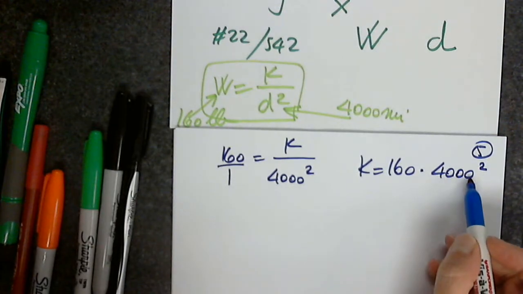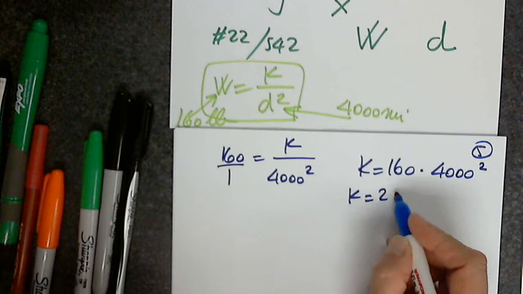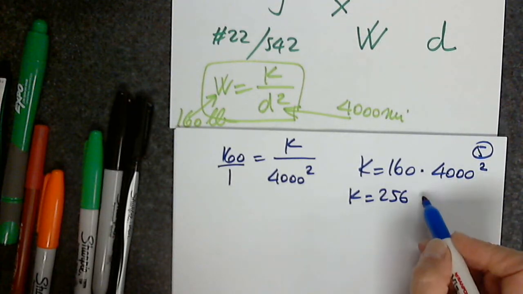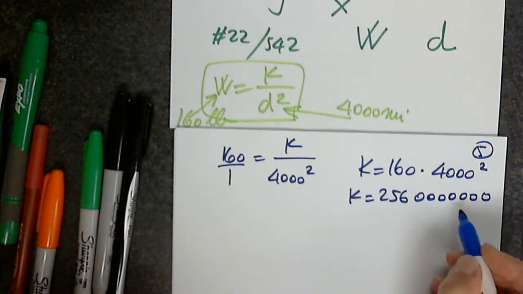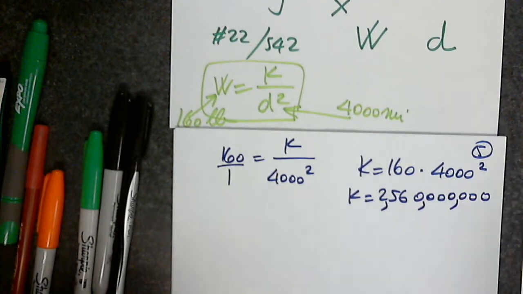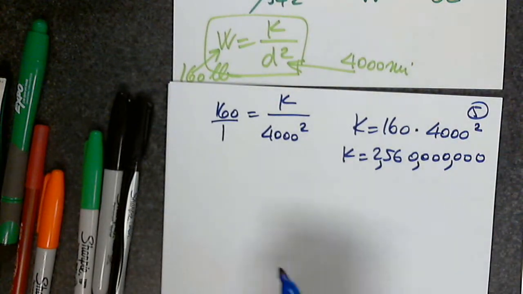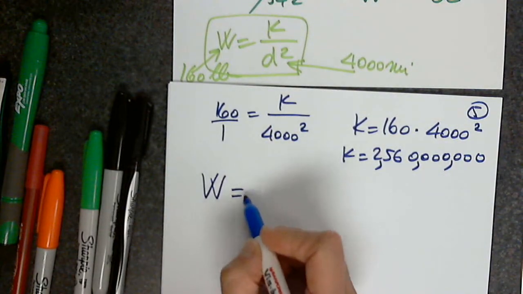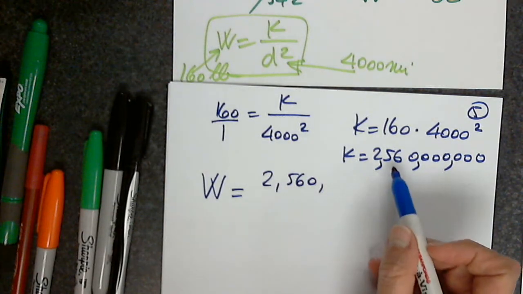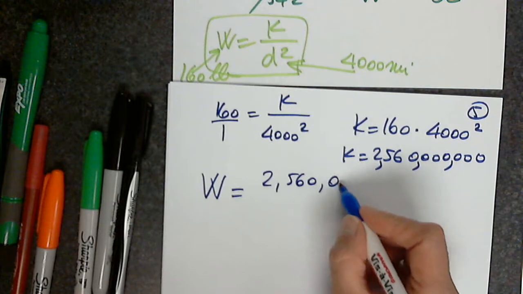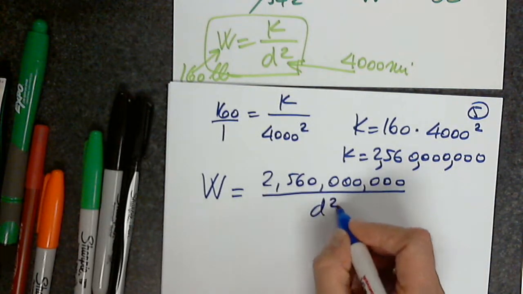And I have 3 zeros, another 3 zeros because it's squared, and another one. So 256, 1, 2, 3, 1, 2, 3, and 1. So therefore the relationship is W equals 2,560,000,000 divided by the distance squared.